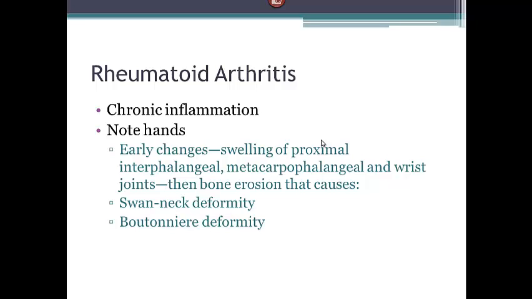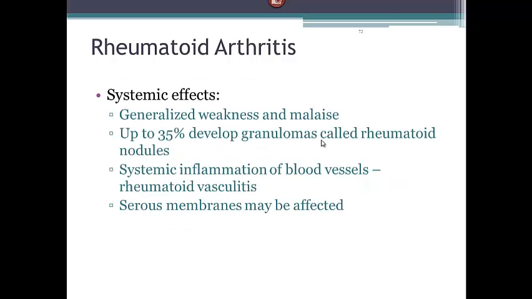Again, how can you note different findings in the hands? Swelling in the proximal interphalangeal or metacarpophalangeal. You could see the swan neck deformity or the boutonniere deformity. Patients have associated systemic manifestations such as fever, weakness, malaise.